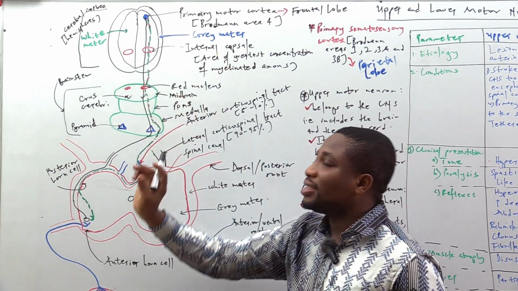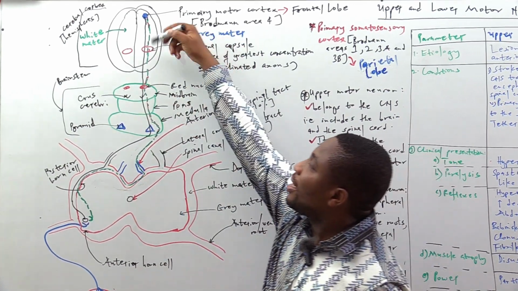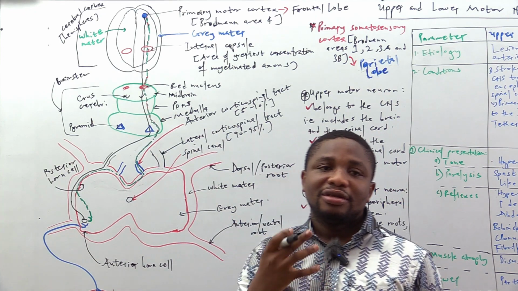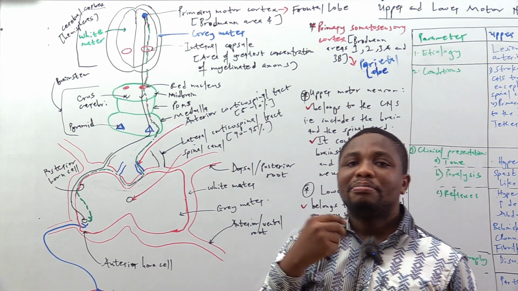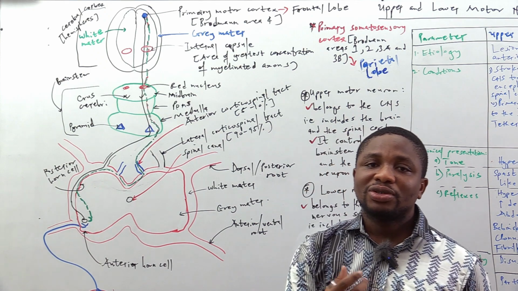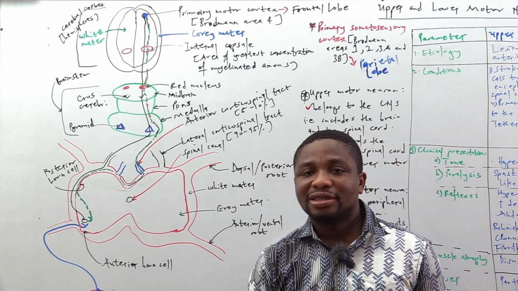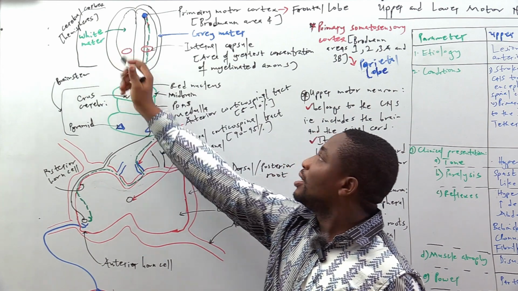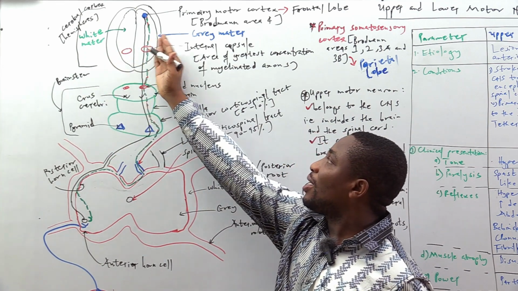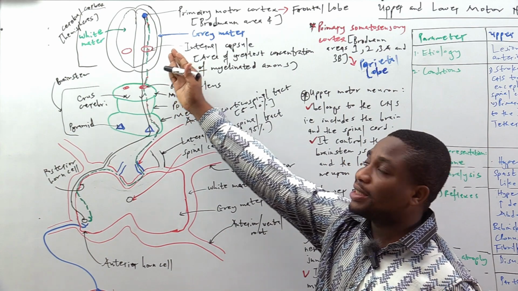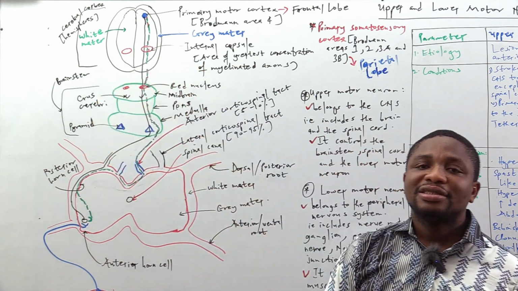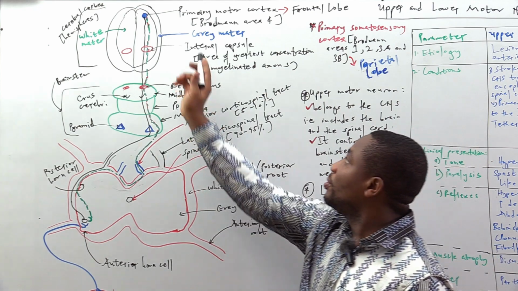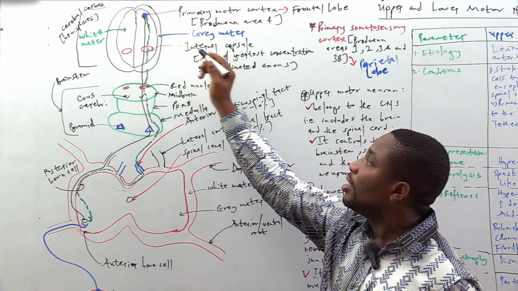And you should know that the inner aspect of the cerebral cortex is lined with myelinated axons. Because of that, it gives it a white color, thereby the name white matter. But if you go to the outer aspect, it has a lot of cell bodies which are not myelinated, therefore we call it the gray matter.